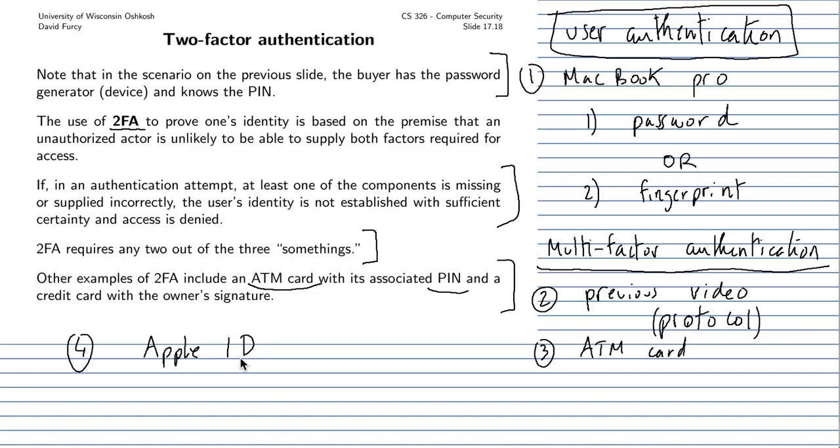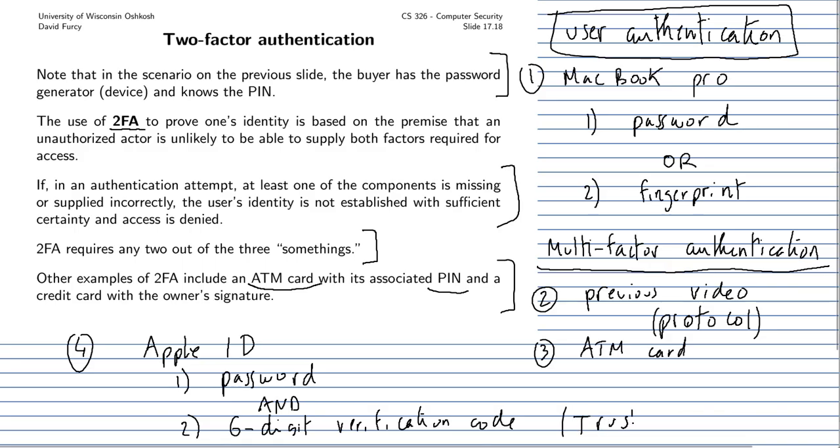The way this typically works is that the user has to first provide their password, the password associated with their account and remembered in the system, and they also have to provide a 6-digit verification code that is sent to their trusted device, be it an iPhone or an iPad.